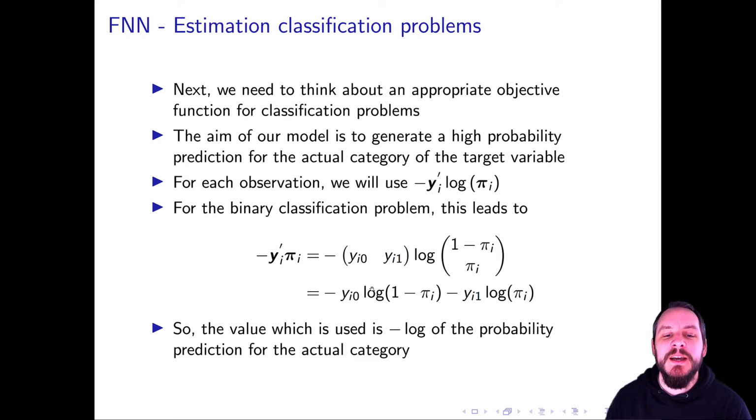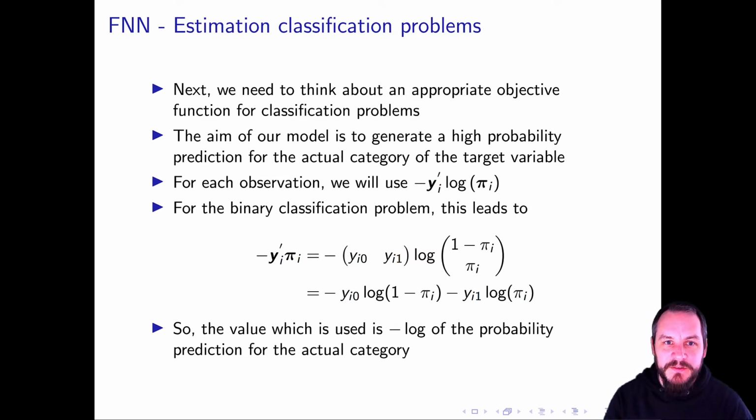Okay, so basically what this does here is that you always get the minus the log of the probability estimate for the actual target realization. So the actual target realization here is either a female or a male person.